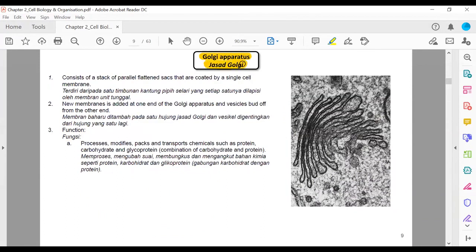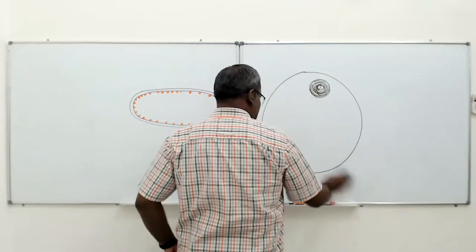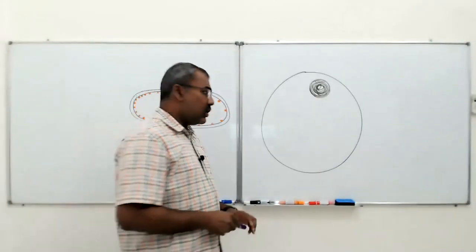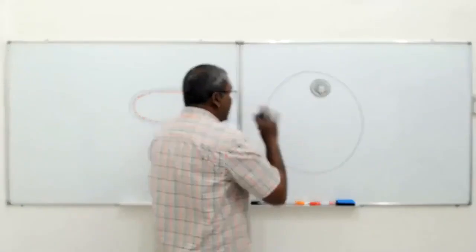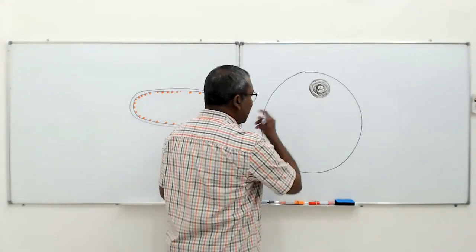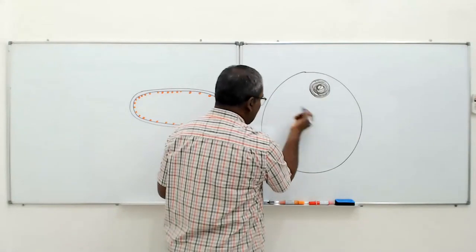Kita panggil sebagai Golgi apparatus ataupun jasad Golgi. Okay, the first thing, macam mana kita nak kenal jasad Golgi? How to recognize Golgi apparatus ataupun jasad Golgi? Very simple. Biasanya Golgi apparatus ini dia macam bentuk huruf C. Contoh begini.